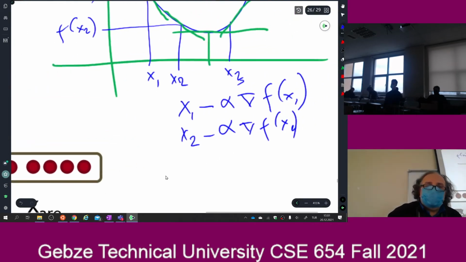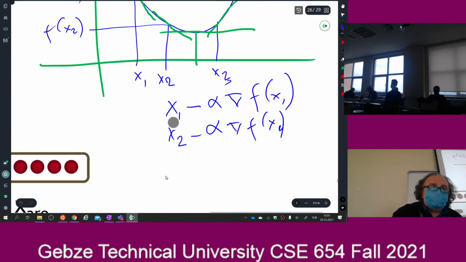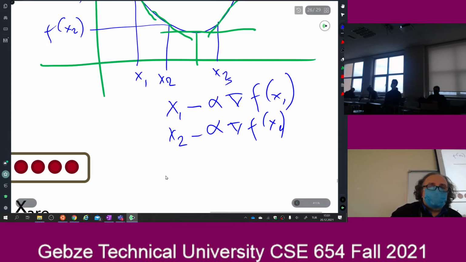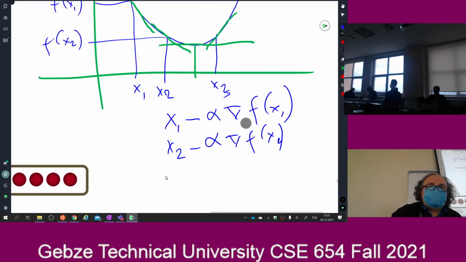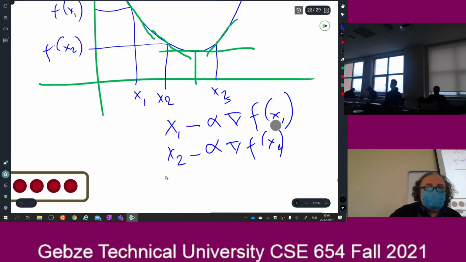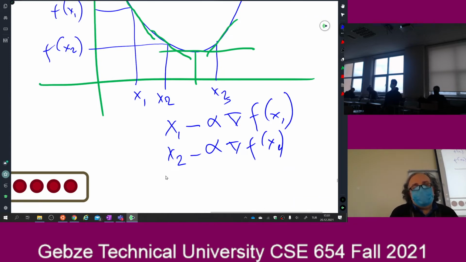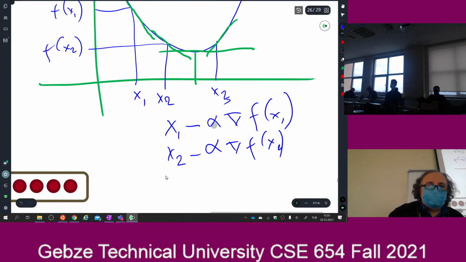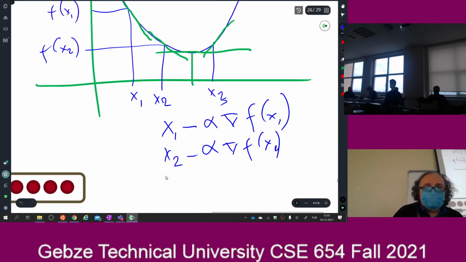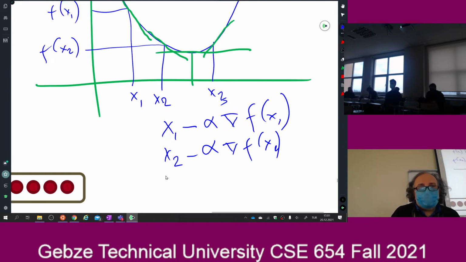Get the initial position, and move it along the negative direction of the derivative of that function with this step alpha. That step alpha depends on you. You choose it. If this step alpha is large, your steps will be larger, and sometimes you are going to miss this minimum. If it is very small, it's going to be very, very slow. That's not going to be good.